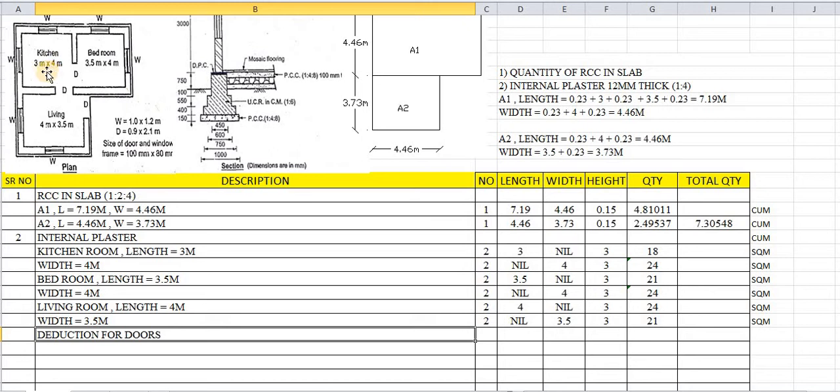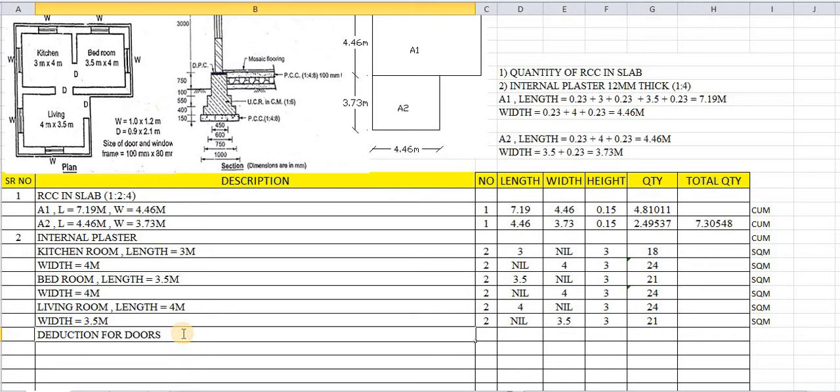We start with the kitchen room. The kitchen room has only 2 openings. These are the 2 doors or 2 entries for the kitchen, one entry from the living room and one entry from the bedroom. So the kitchen room has 2 openings.